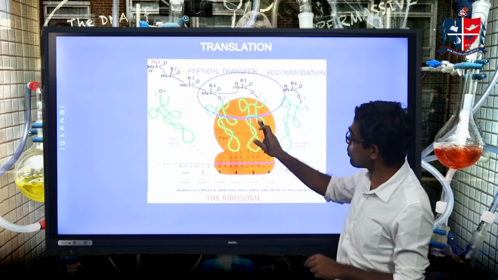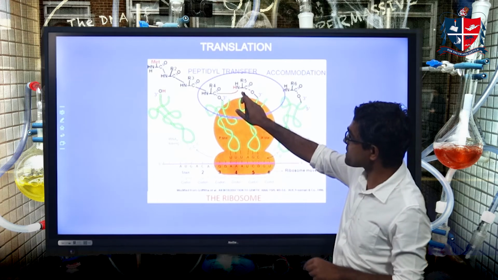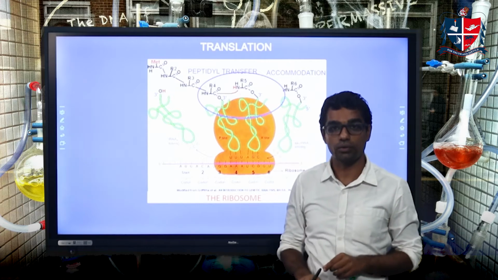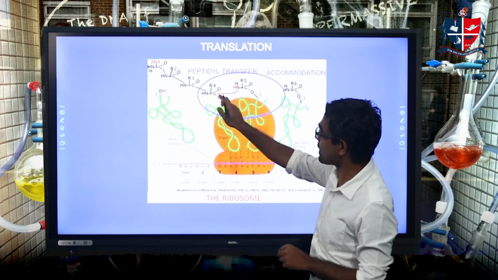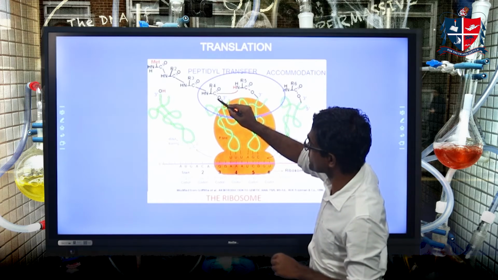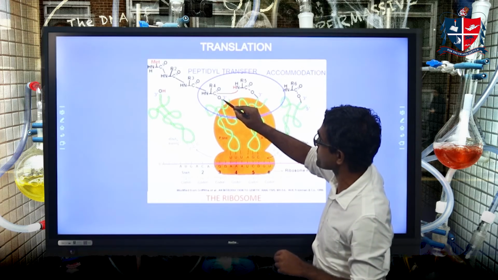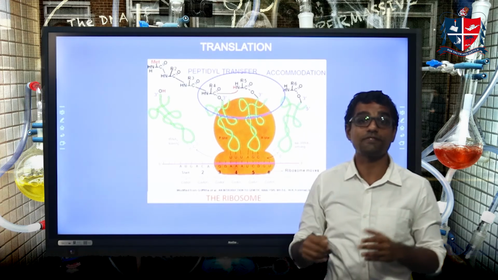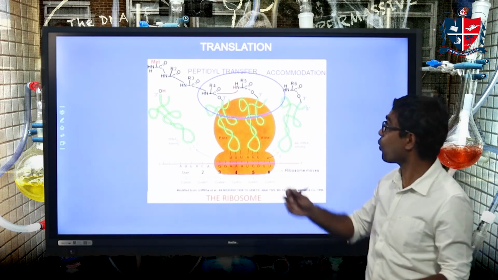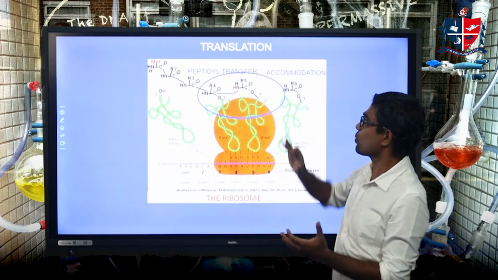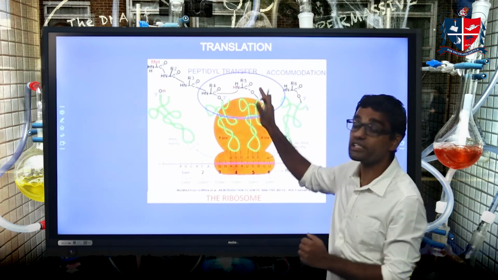And after it is accommodated, you see this amino group is in a perfect position to attack this carbonyl carbon. So that will attack the carbonyl carbon. So what happens? This bond is shifted to oxygen. So this bond is cleaved. So this new peptide bond is formed, a new amide bond is formed. So this peptide is transferred to this molecule, this aminoacyl tRNA.